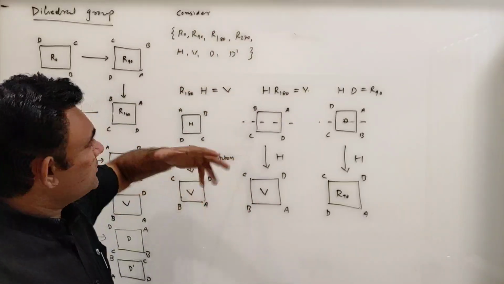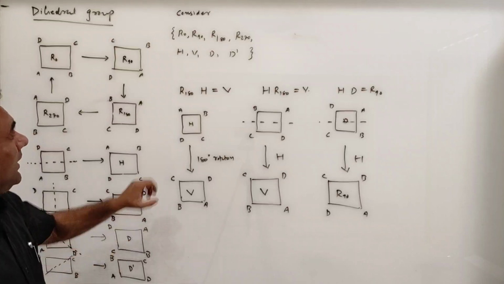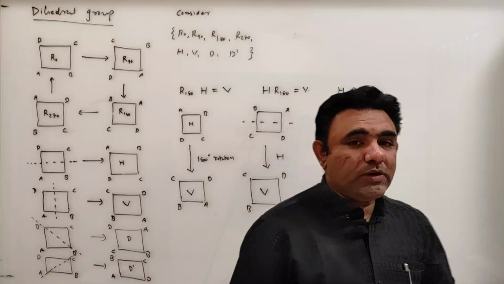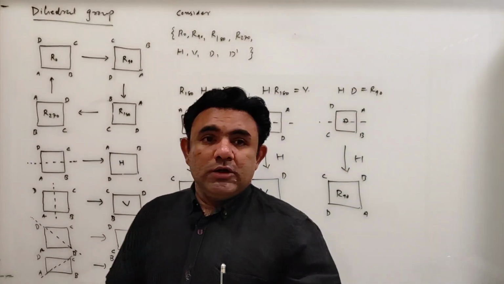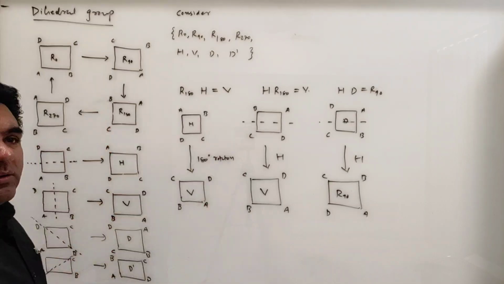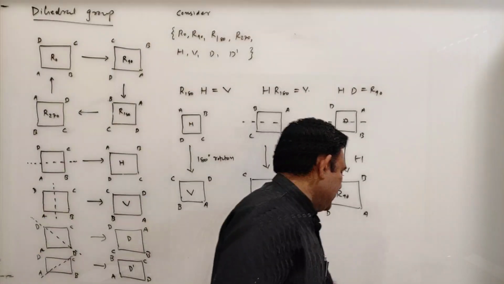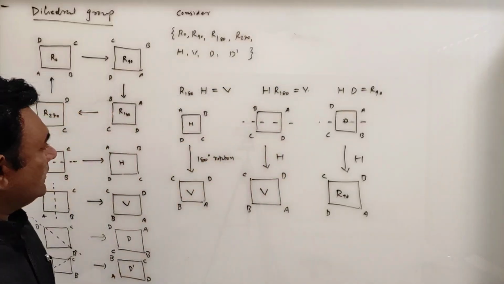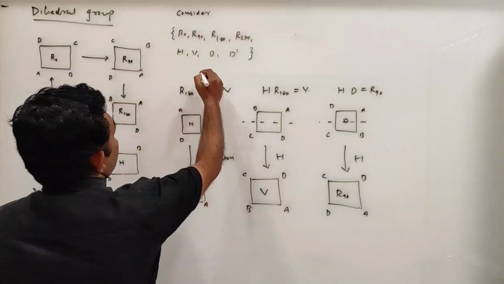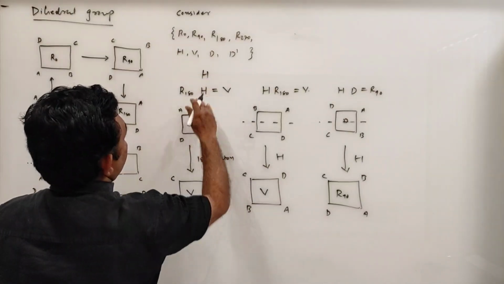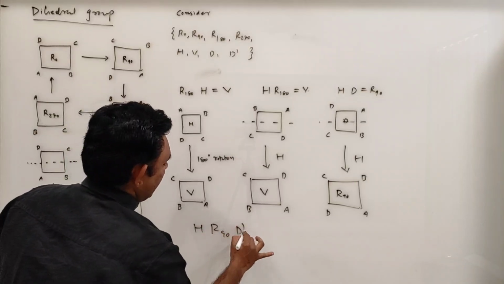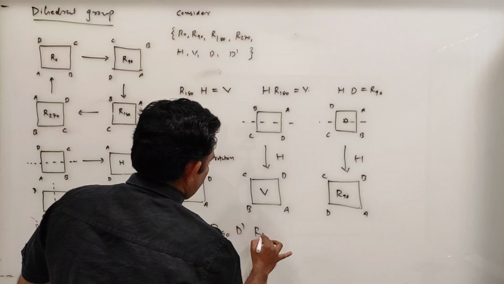So it is just composition of functions, right? Every member can be considered as a function and you are just applying composition of functions. To find the product, let us prepare its composition table. Suppose somebody asks what is H, R90, D dash, then R180.